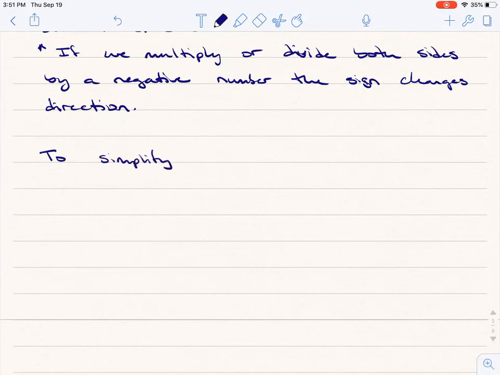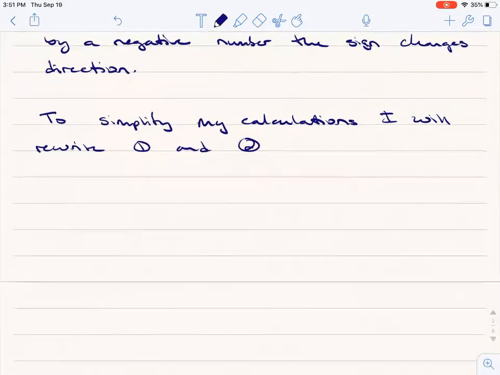To simplify my calculations, I will rewrite equation 1 and equation 2 in the form y equals mx plus b.